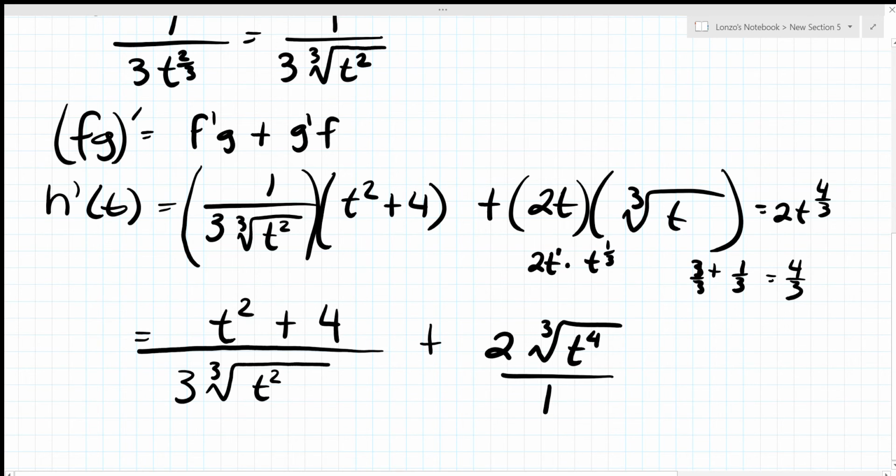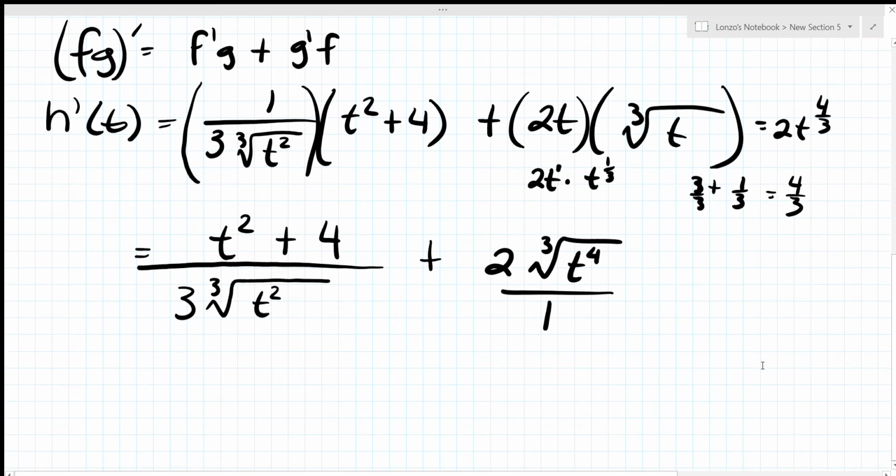And this has a, okay, so now we're adding fractions. What do we know about adding fractions? You must have a common denominator in order to add fractions. So what is my common denominator? It's this, right? It's just 3 times the cube root of t squared. Their common denominator is 3 times the cube root of t squared.